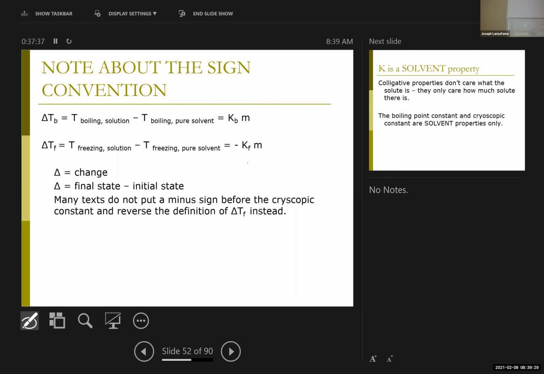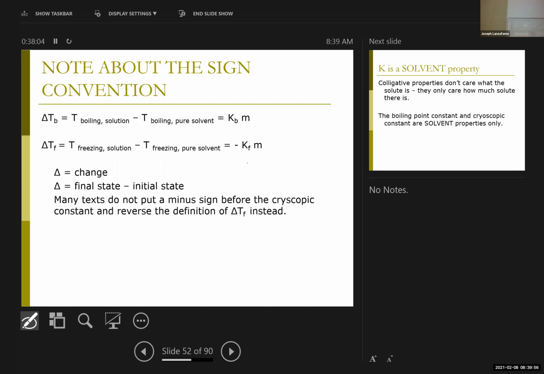Delta in all sciences represents change, and for sign convention reasons, it always is final state minus initial state. So a positive change means you went up from beginning to end, and a negative change means you went down.